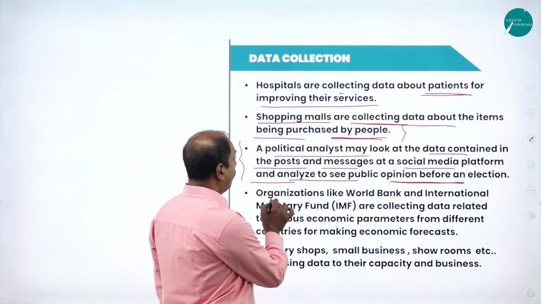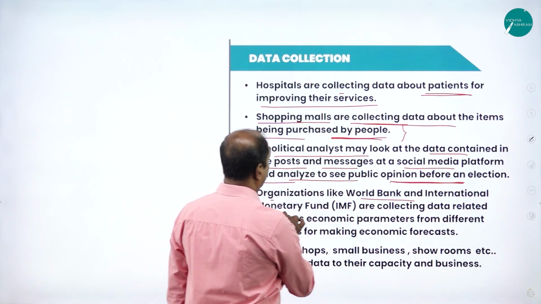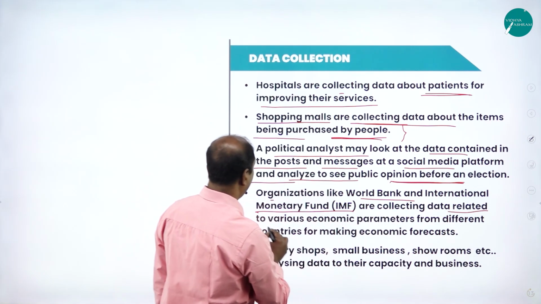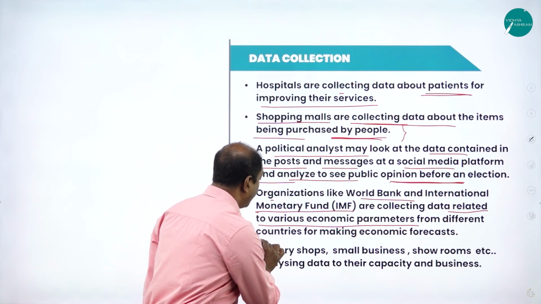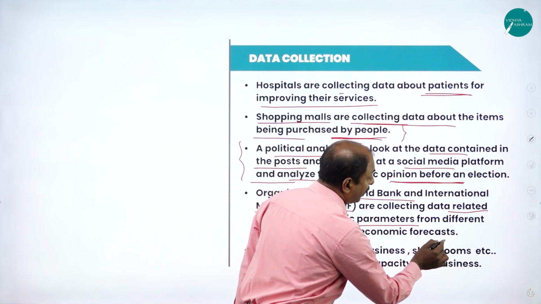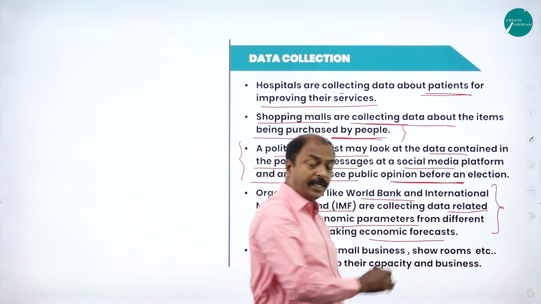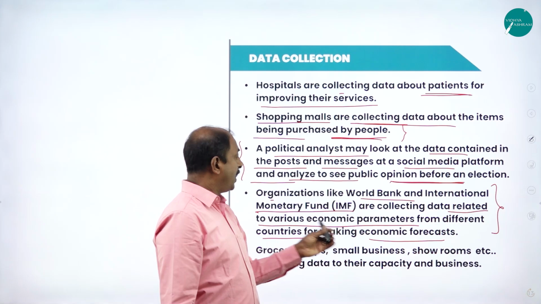Next, organizations like the World Bank and the International Monetary Fund (IMF) are collecting data related to various economic parameters from different countries for making economic forecasts. This is also an importance of data collection.